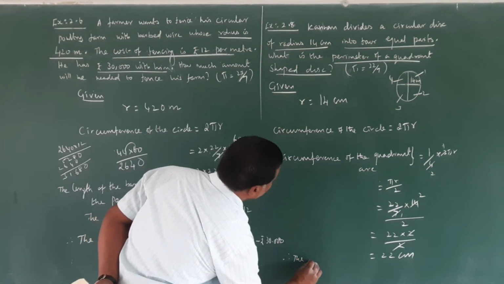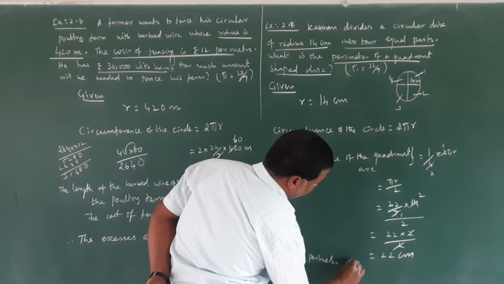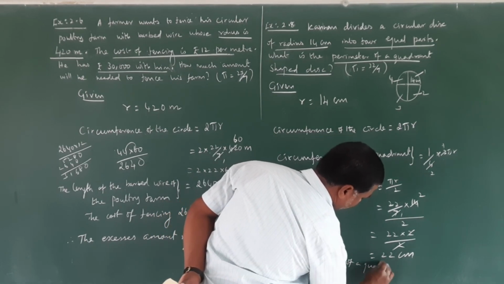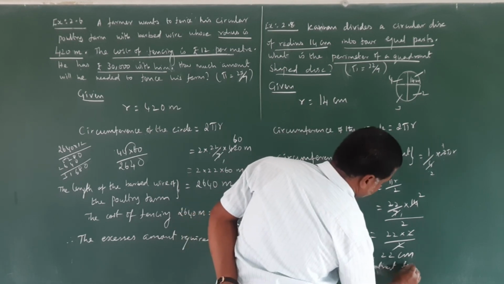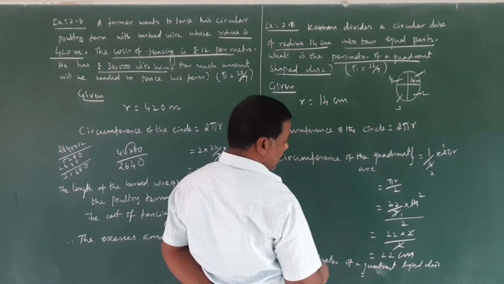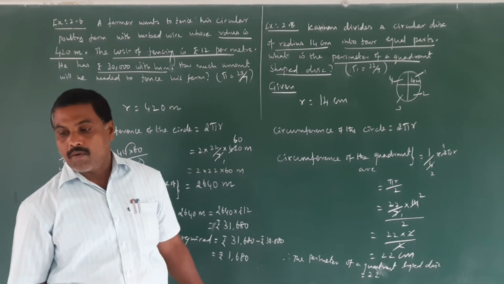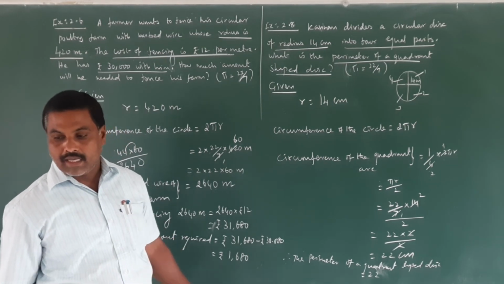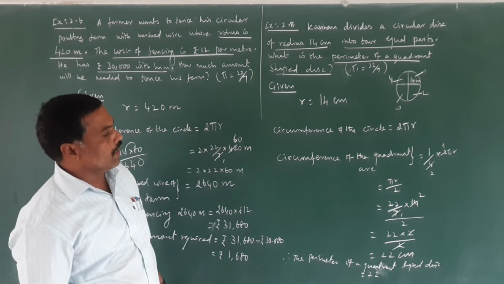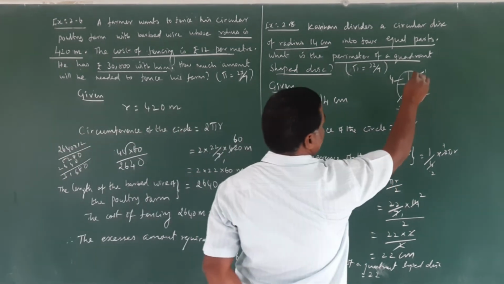Therefore the perimeter of the quadrant shaped disc is equal to: one radius 14 centimeter, another radius 14, and the arc 22 centimeter.